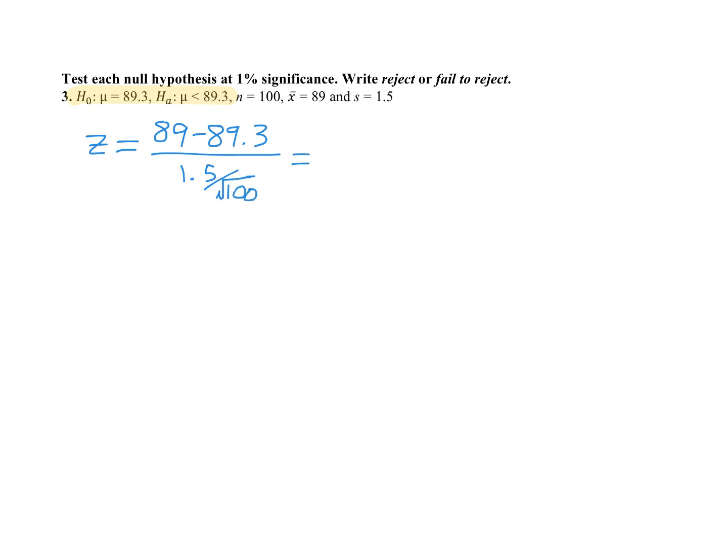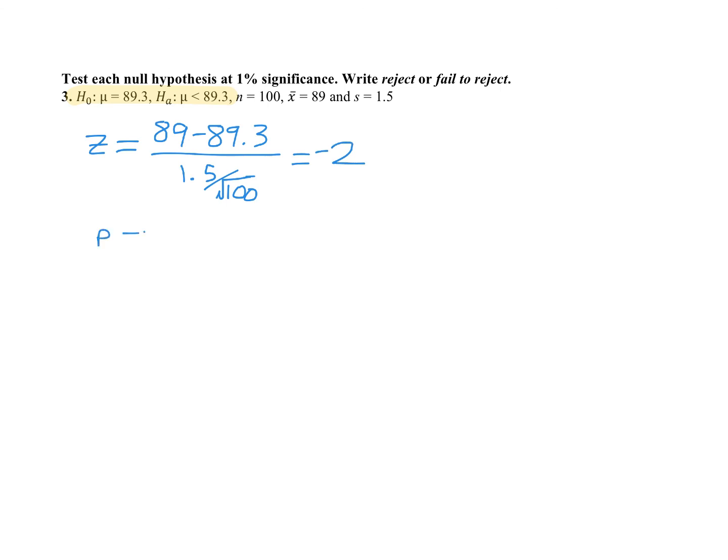All right, now we go to the calculator, stat, tests, z-test, the stats. All right, so mu is 89.3, sigma is 1.5, x bar is 89, the n is 100. The symbol we want, so looking at HA, we want to choose less than and calculate. So the Z is -2.